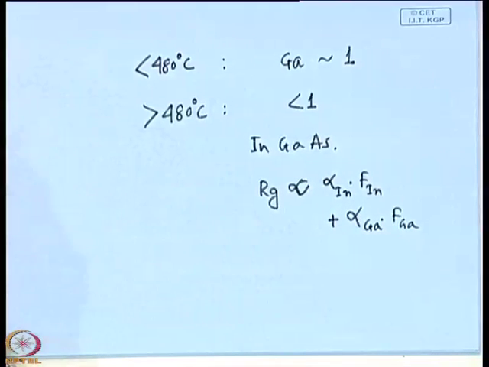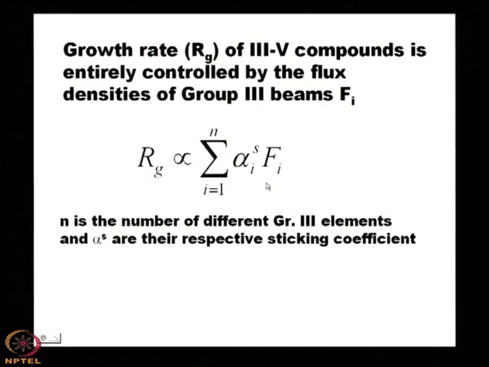That is the meaning of the summation. Alpha is the sticking coefficient and F is the flux, and they are basically for the group 3 elements.